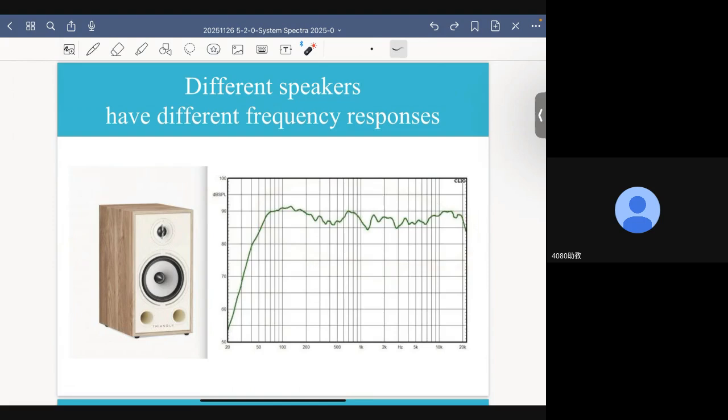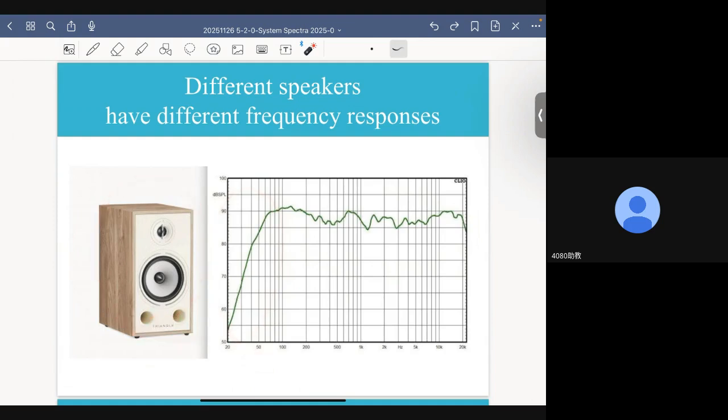Okay. Now you can see that this particular loudspeaker is actually unable to faithfully produce the bass. Okay, that is the low frequency components of the input signal. Why?